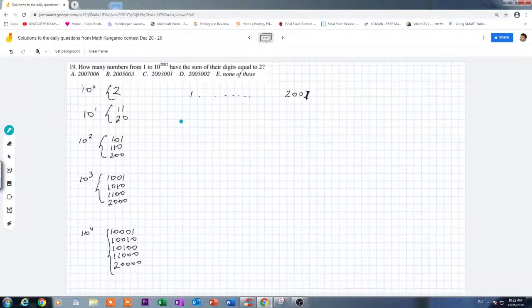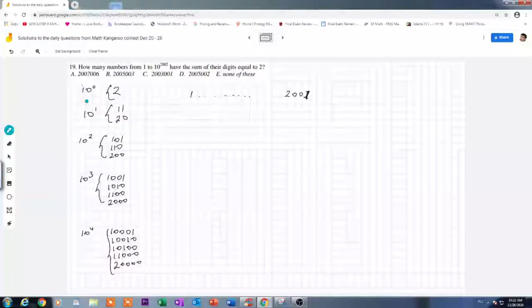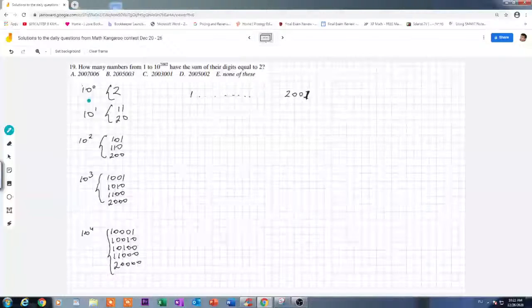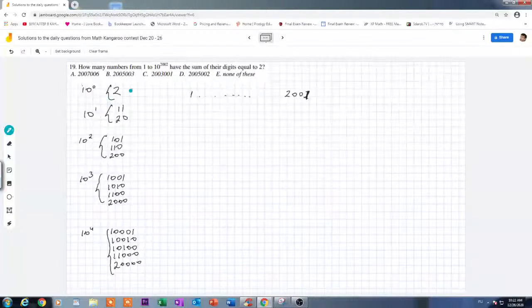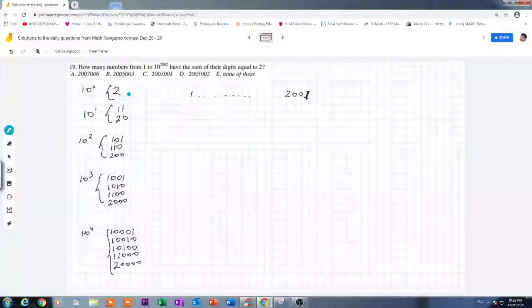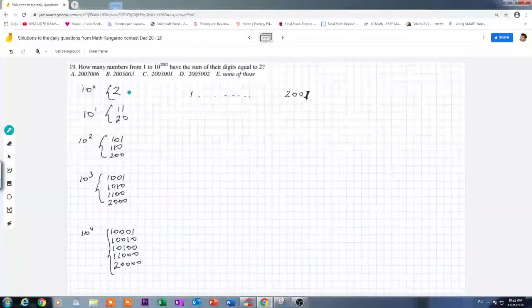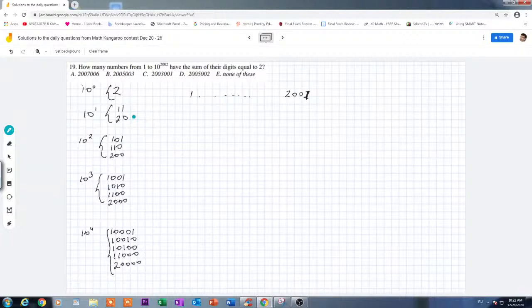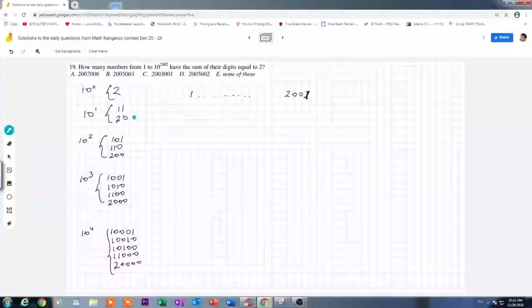Okay, so I approach the solution by building a pattern, right? So we start from 10 to the power of 0, which is 1. So it gives us a group from 1 to 10. We have only one number in this group, in the ones place value. In the value group of tens, we have two numbers.